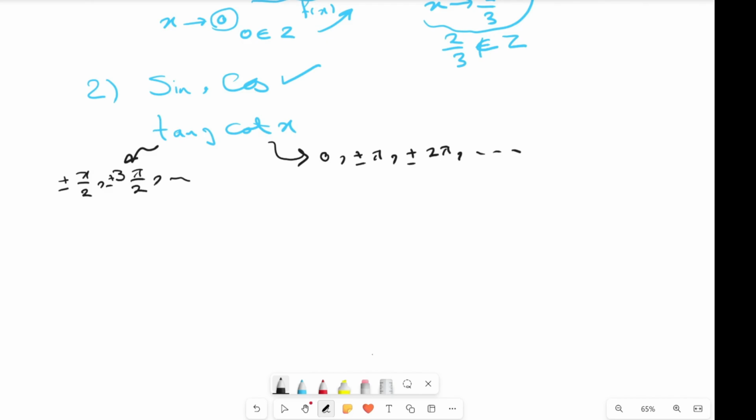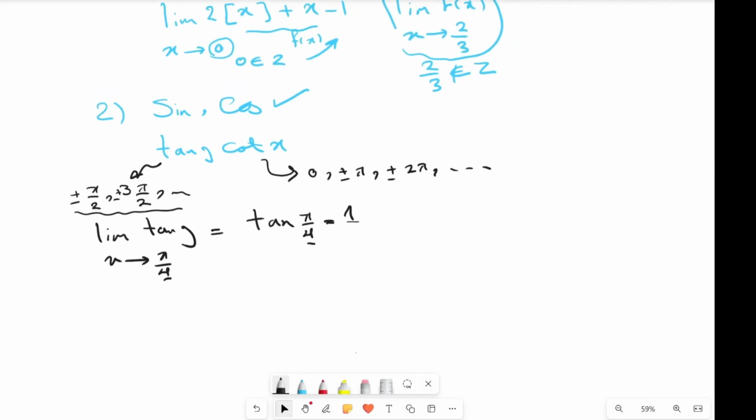For example, if I tell you the limit of tangent x as x goes to pi over 4, you don't need to split it into both sides because it's not one of these points, and you just calculate tangent of pi over 4, and you know that is 1.